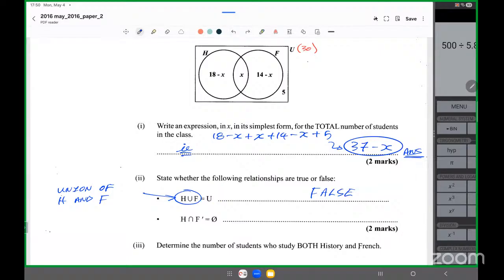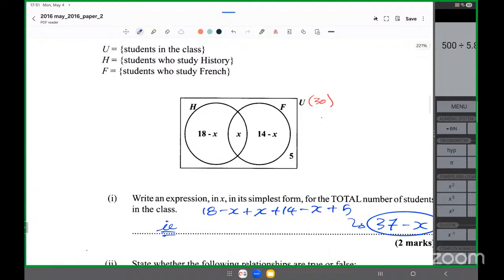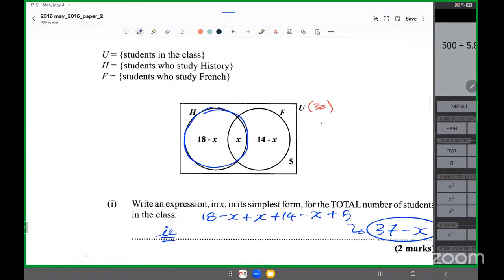And then this one means H only. That means you're inside of H and at the same time outside of F. You want to be in that blue section and at the same time outside of that red section.